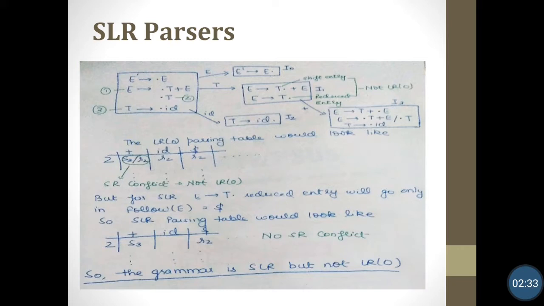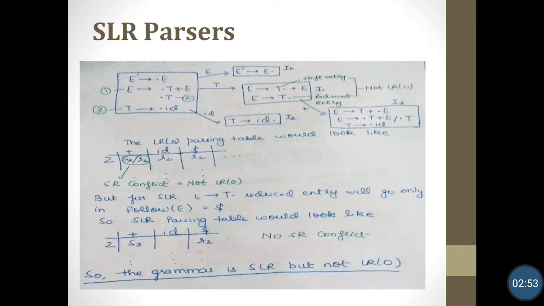For rule number 1, we enter reduce entry in follow of E. For rule number 2, we enter reduce entry in follow of E. And for rule number 3, we enter reduce entry in follow of T.